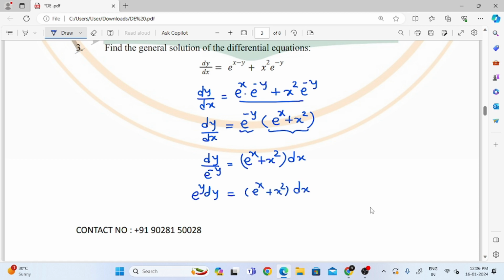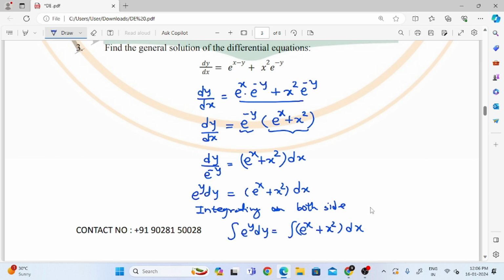So it is variable separable, integrating both sides now. Integration of e raised to y dy is equal to integration of e raised to x plus x square dx.